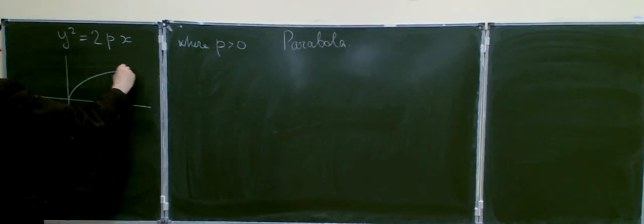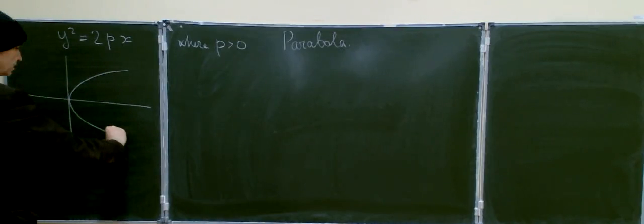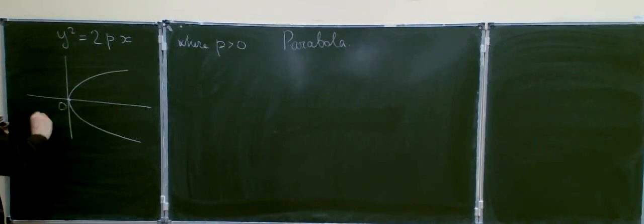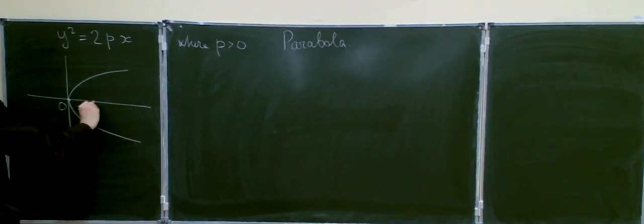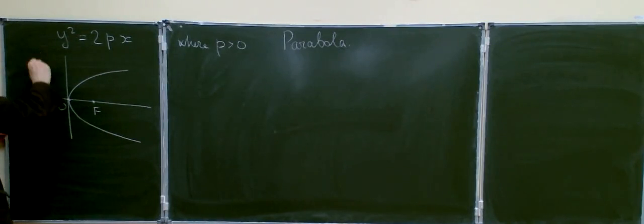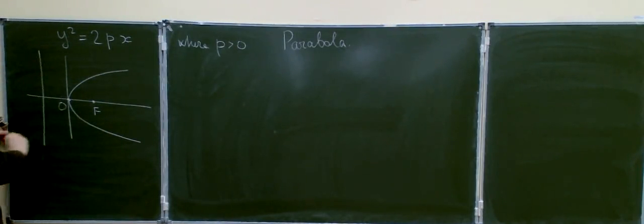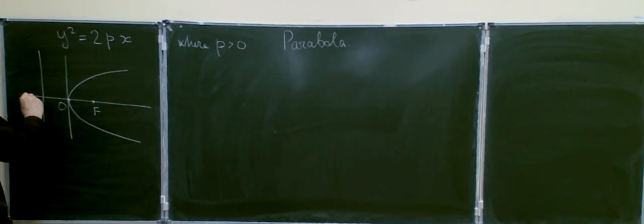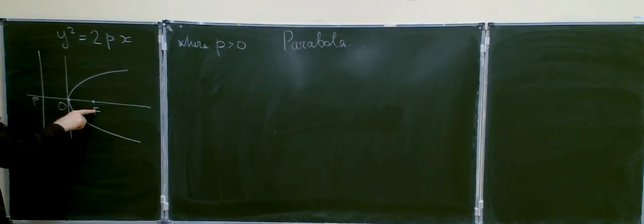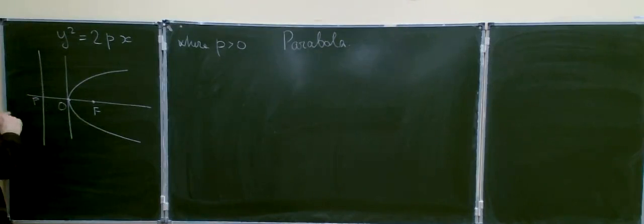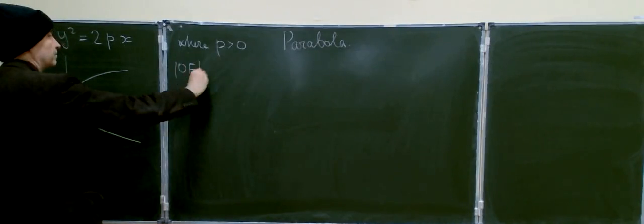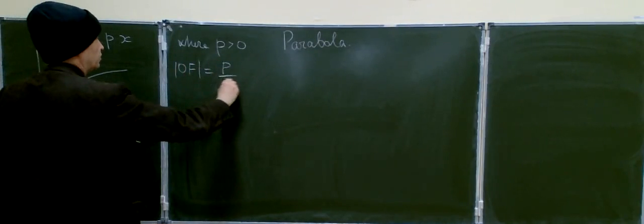It has one branch, it has a vertex at the origin, it has one focus, and it has one directrix. The distance from the focus to the vertex, OF, is equal to p over 2.